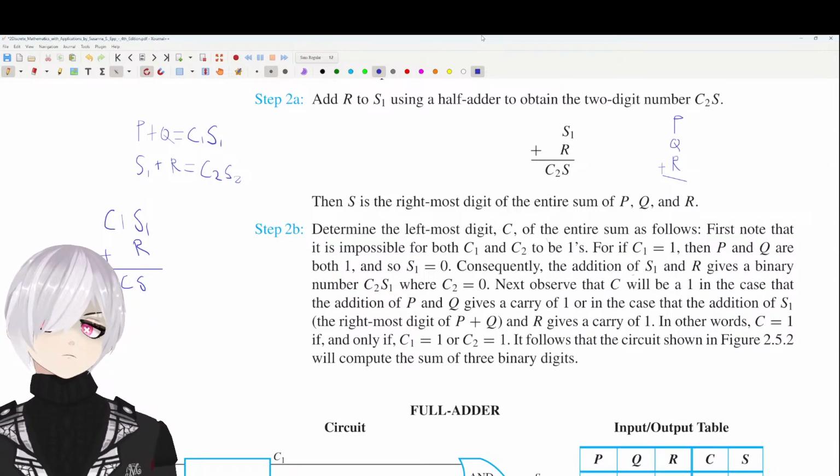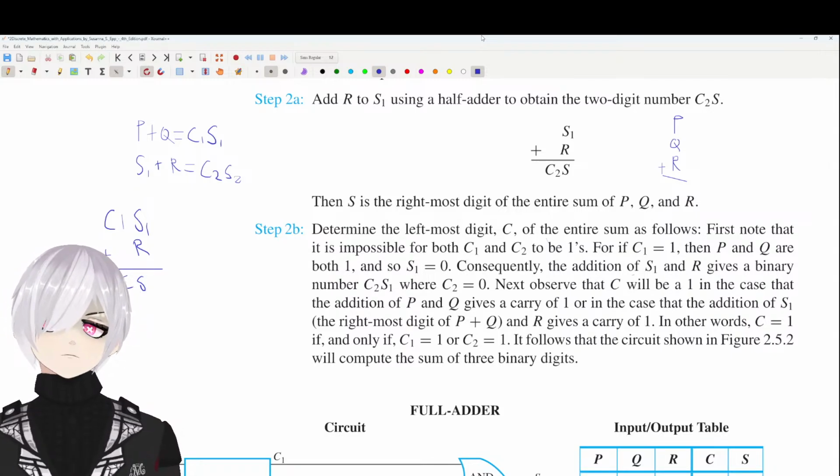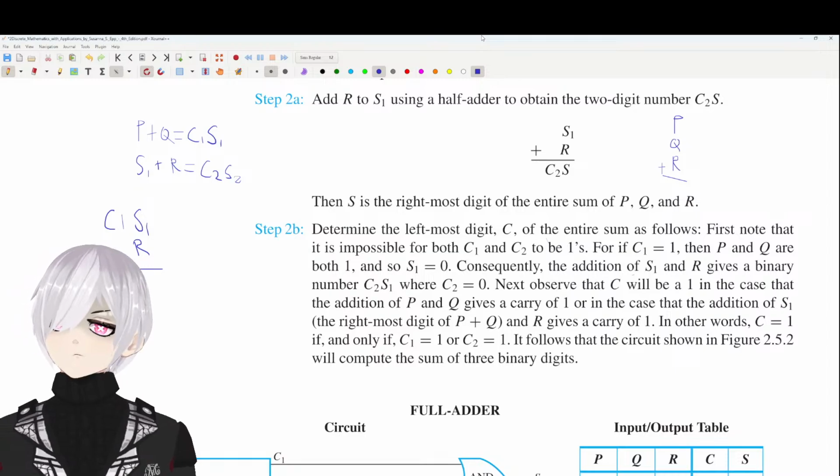So S1 plus R is equal to 1, whatever S2 is. The leftmost digit is C2, which is 1. We called the leftmost digit C, so C ends up being 1.